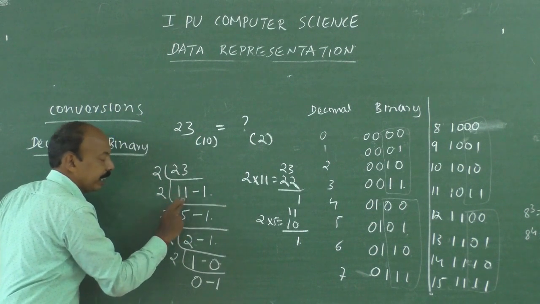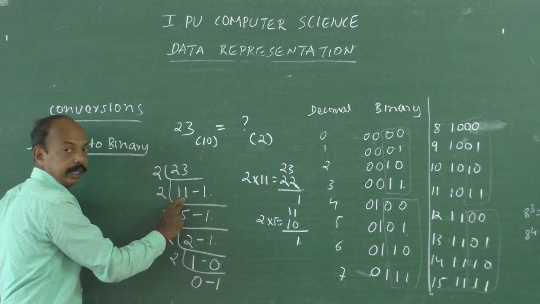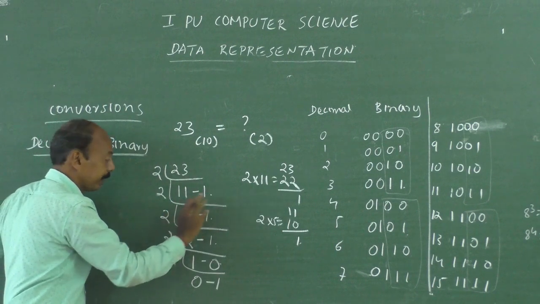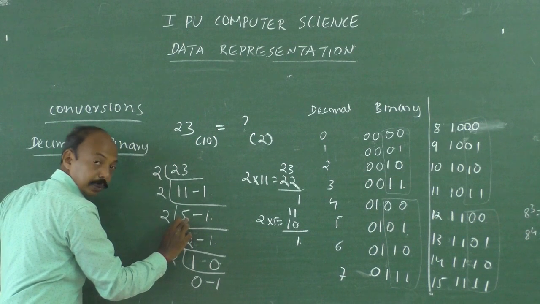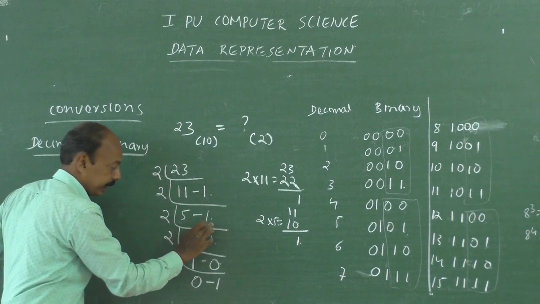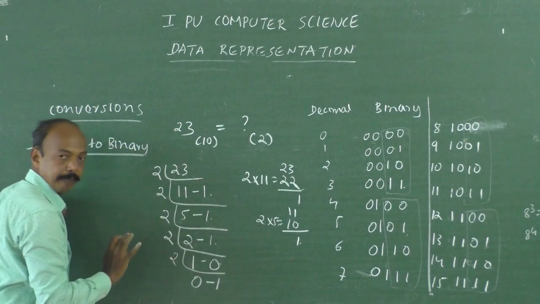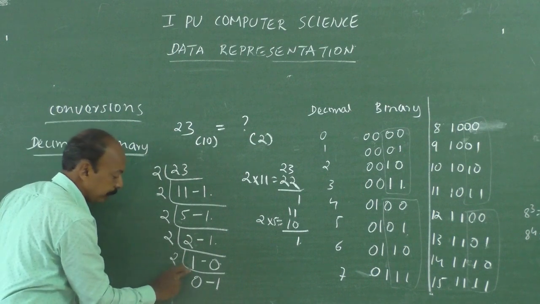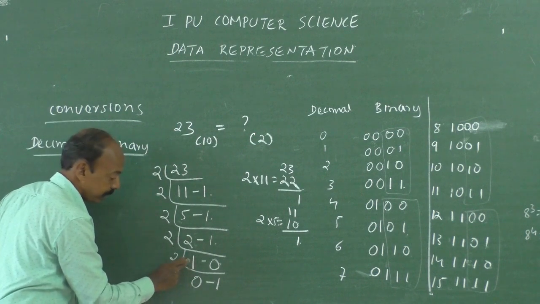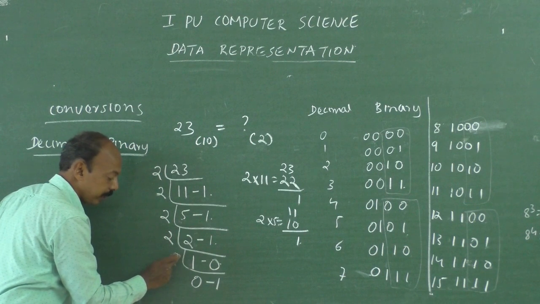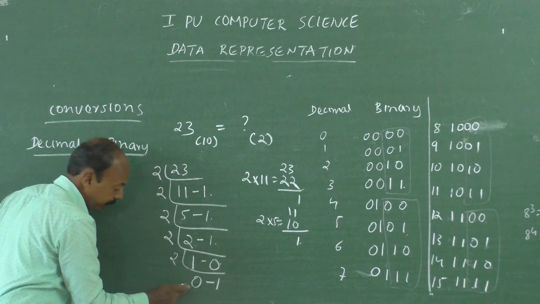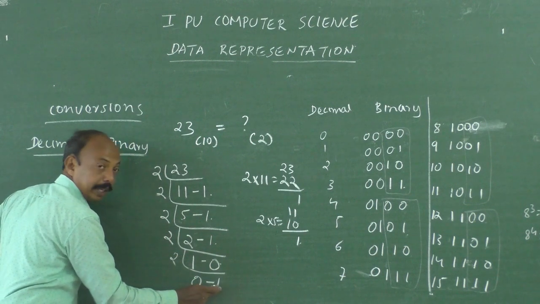Then once again divide the quotient, don't touch the remainder after that, and write the quotient and remainder once again. Keep on doing the same till the quotient becomes 0, because once the quotient is 1, when you try to divide that, the quotient will be 0 and the remainder will be 1.